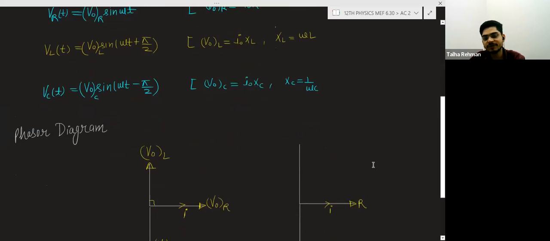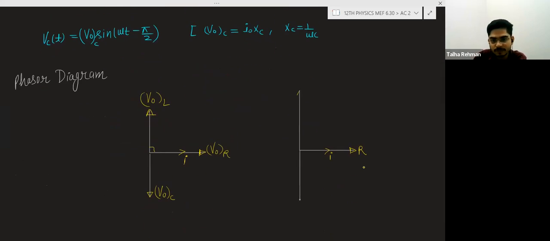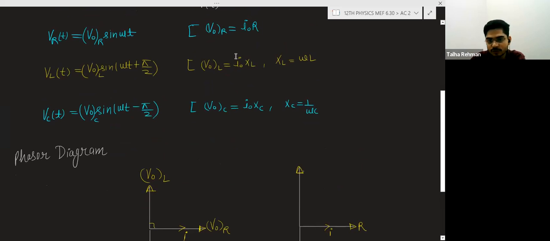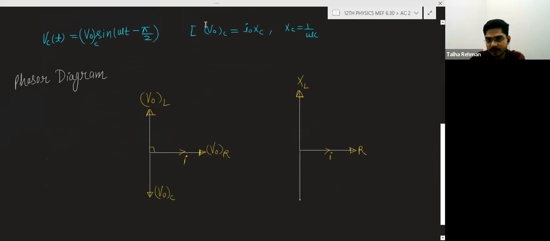So we can draw it with resistance. See, this is V naught L, which is I naught into XL, so we can write here XL. Here is V naught C, so I naught into XC. So here we can write XC.